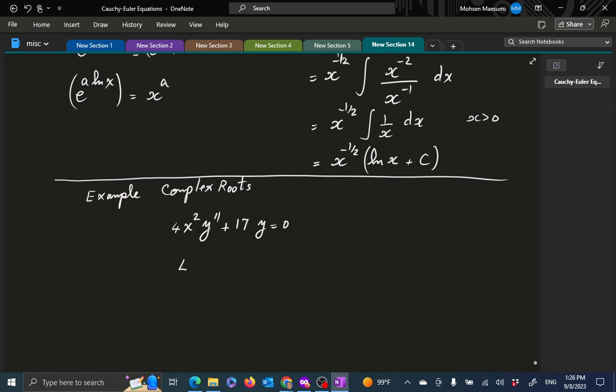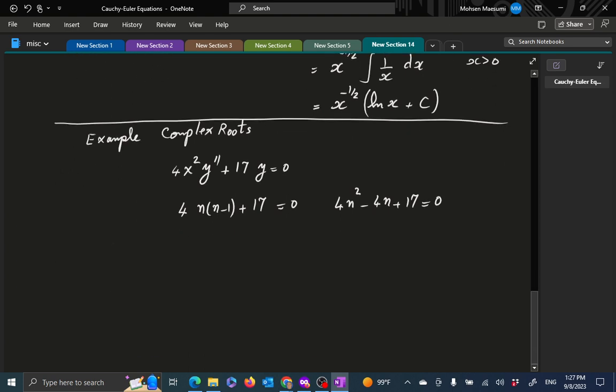So it's going to be 4n times n minus 1 plus 17 equal to 0. There was no middle term here, so I don't have anything here either. So 4n squared minus 4n plus 17 equal to 0.